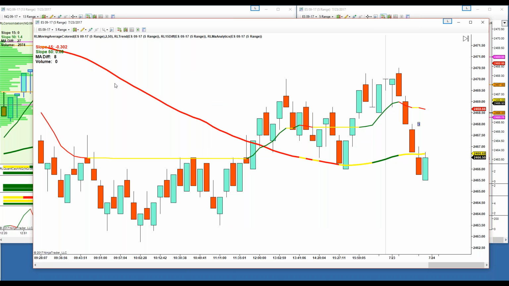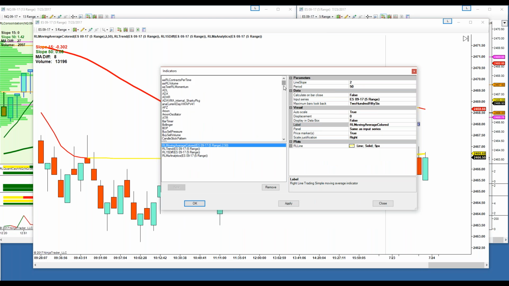This defines the slope of the modified 15, the slope of our 50-period colored moving average, and the MA diff, which defines the difference between the 50 and the modified 15. We use that for overbought, oversold signals. And it tells us how much volume has crossed in the particular session that we're trading. Right now on the E-mini, I'm making this video at night, only 13,196 contracts have crossed.